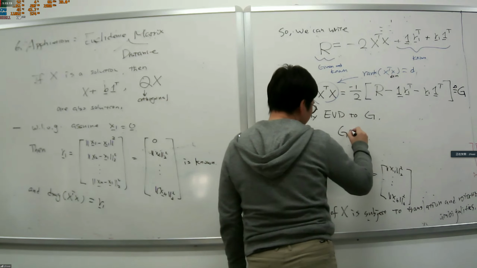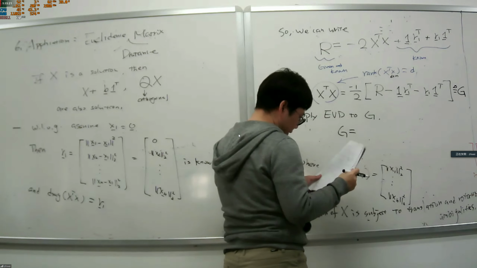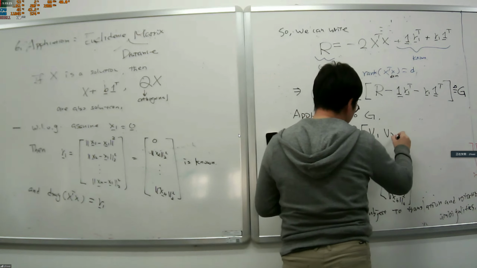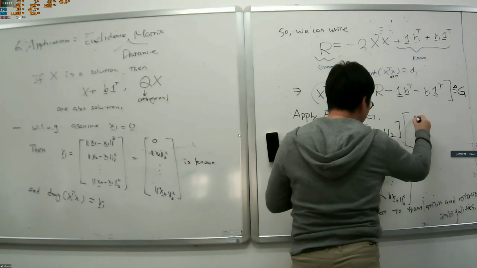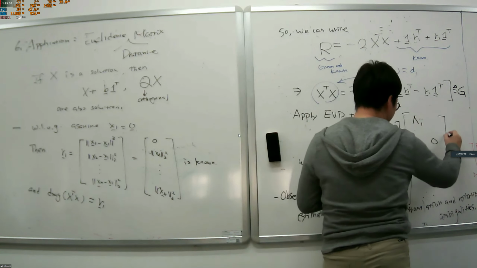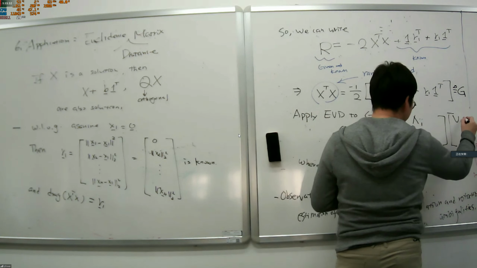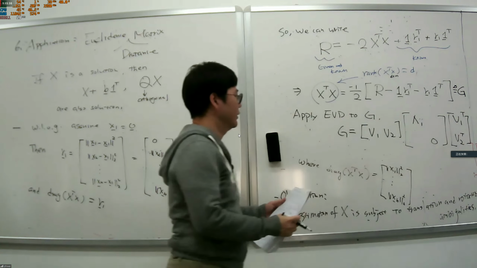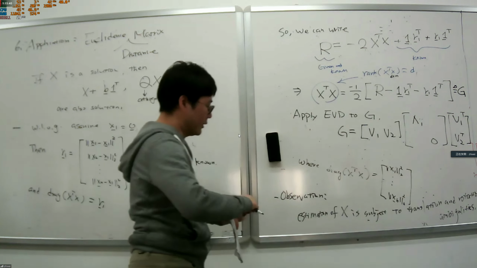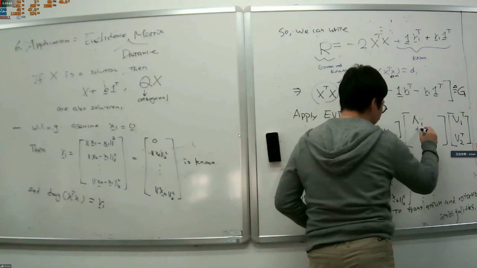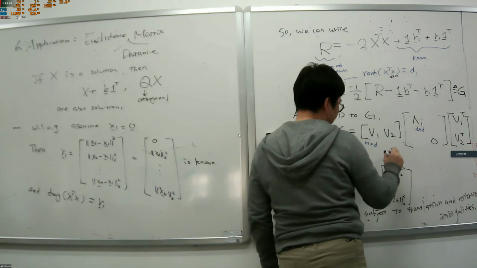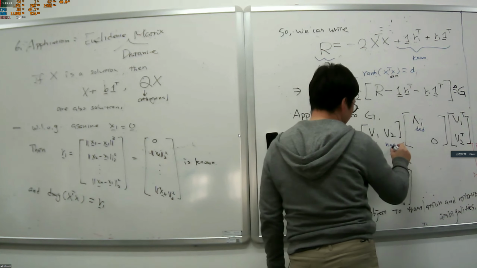The EVD of G you can write as V1 V2, times lambda 1 and 0, times V1 Hermitian and V2 transpose, because all are real valued here. Lambda 1 is d by d, V1 is n by d, and V2 is n by n minus d.